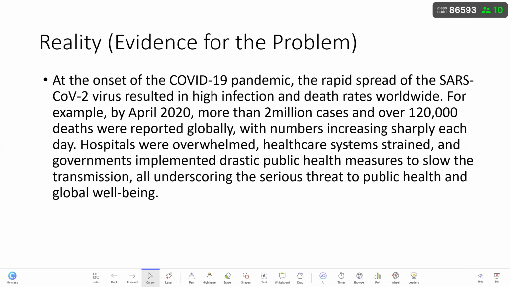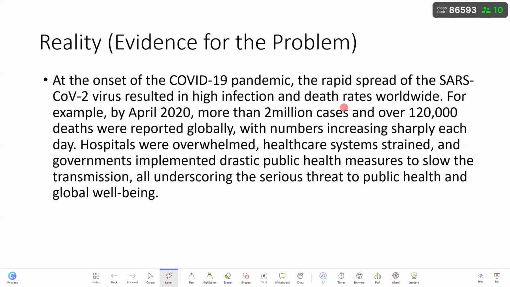So this is more specific. In this paragraph, the gravity of the problem is emphasized with real statistics. You can see the 2 million cases, the 120, the date.